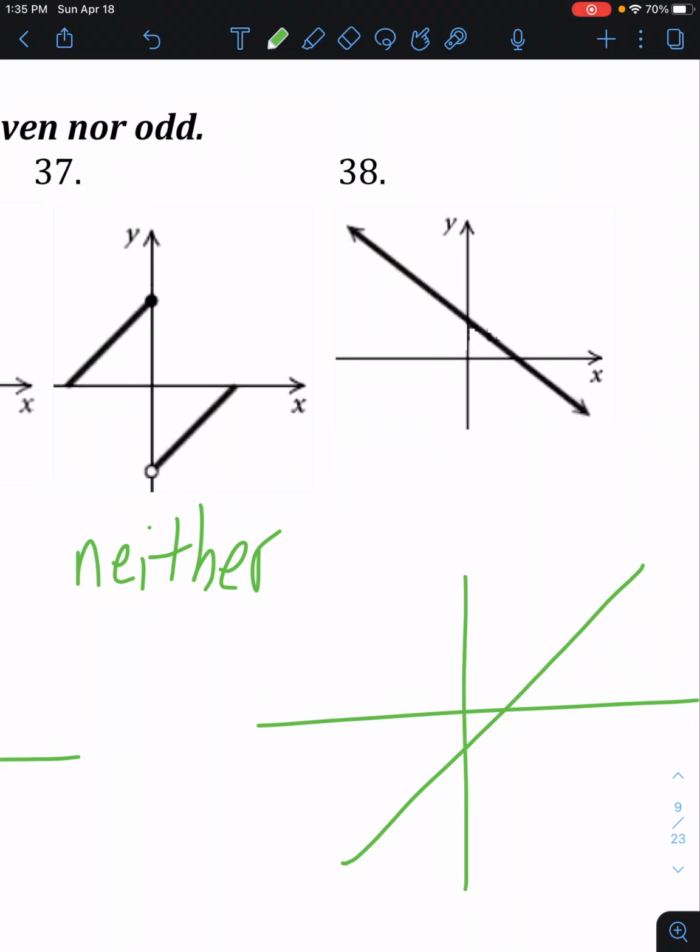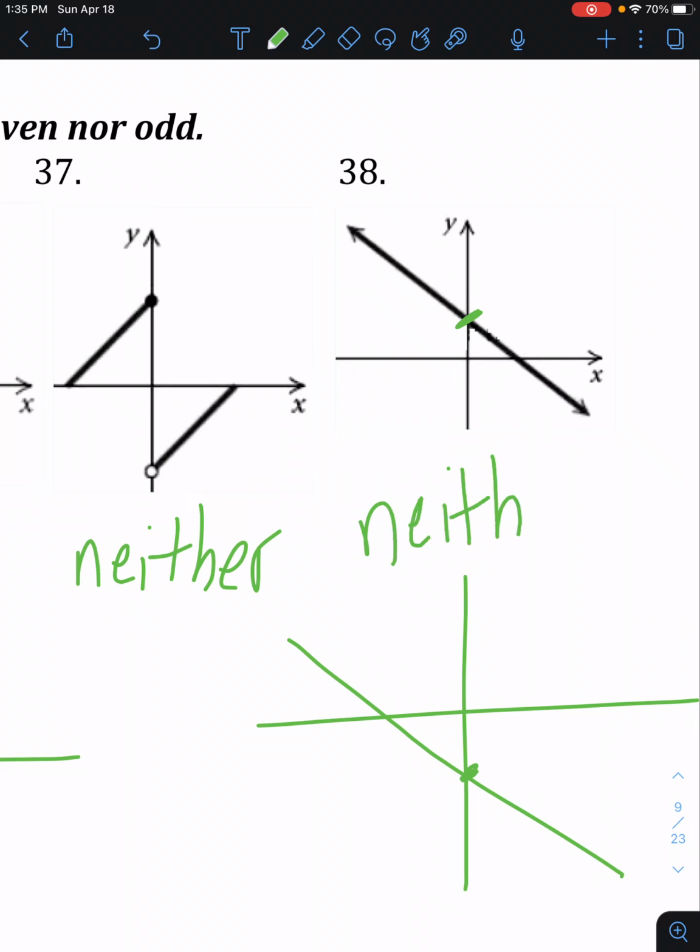Nope, sorry, I drew that wrong. It would be like this, which at first glance looks like it matches. However, look where it crosses. Down here, it crosses below the origin. Up here, it crosses above the origin. So therefore, this is not symmetric. So we're going to write neither.